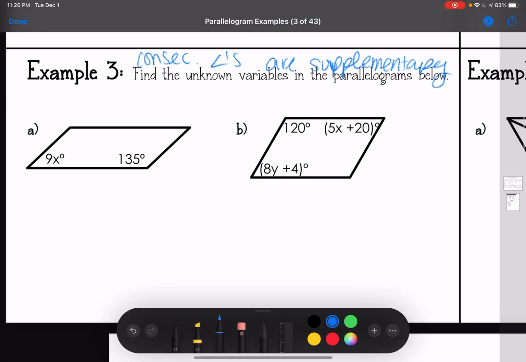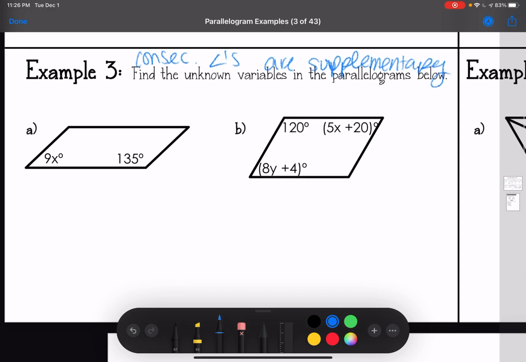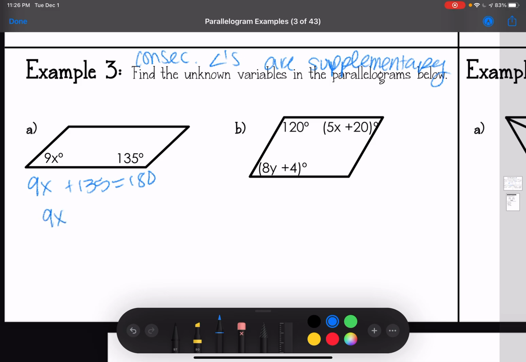All right, so consecutive angles are supplementary, which means that 9x plus 135 is going to end up equaling 180. So we subtract the 135 from both sides, and you're going to get 9x is equal to 45, which means x is going to equal 5.